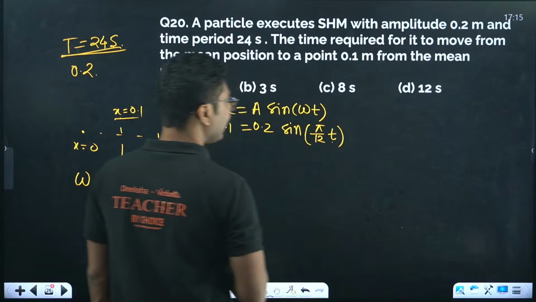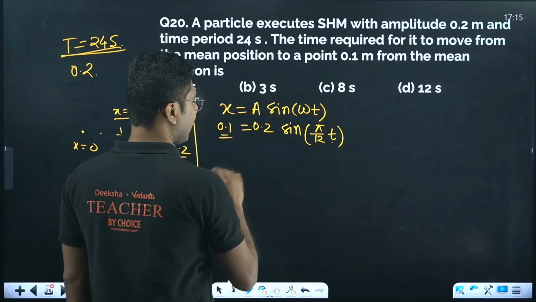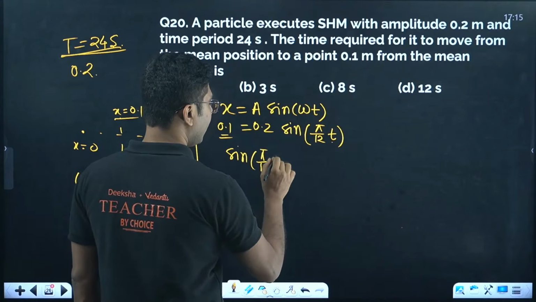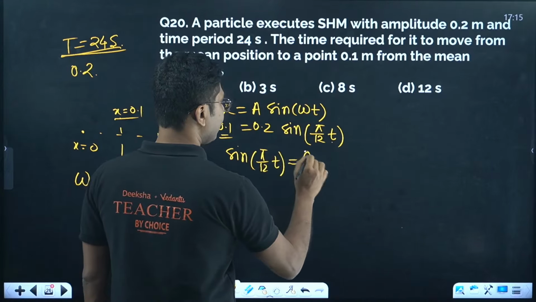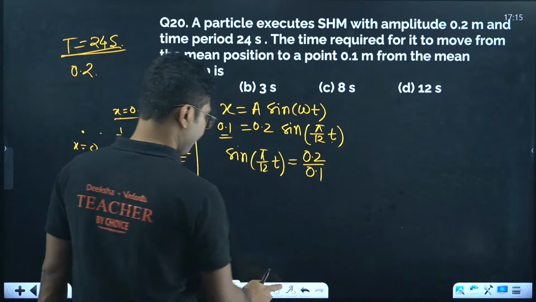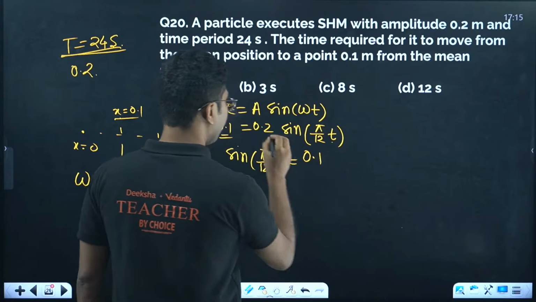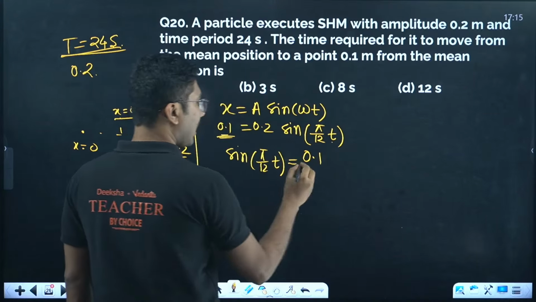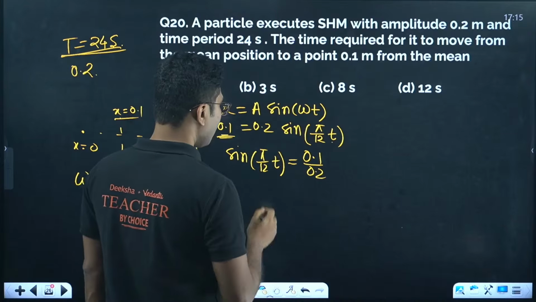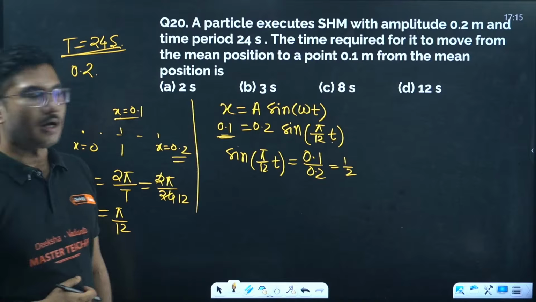We are trying to find this time when x is equal to 0.1. Now let's simplify. So sine of pi by 12 into t equals 0.1 divided by 0.2. What is this? This is half. Now what is the value of theta when sine theta becomes half?